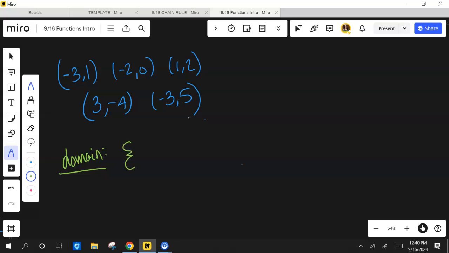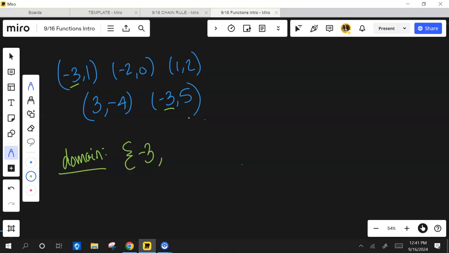So I'm going to do these funny little squigglies like this, okay, to show that it's a set of numbers, and always start with your smallest first. So what's the smallest x value? -3. See the -3 here?